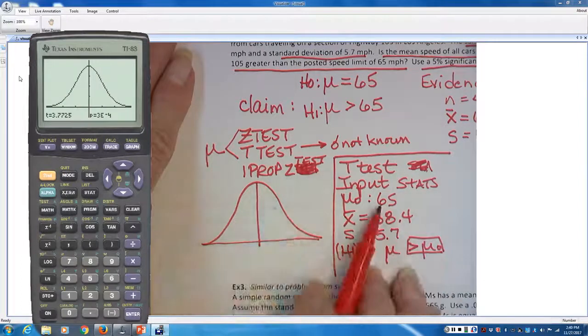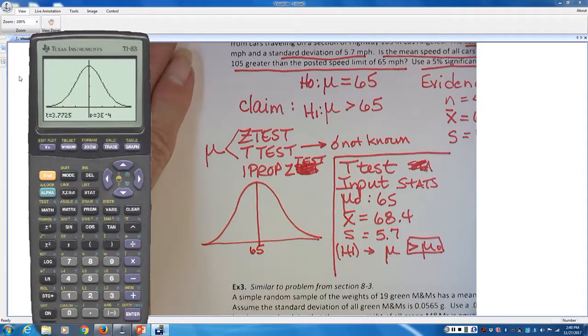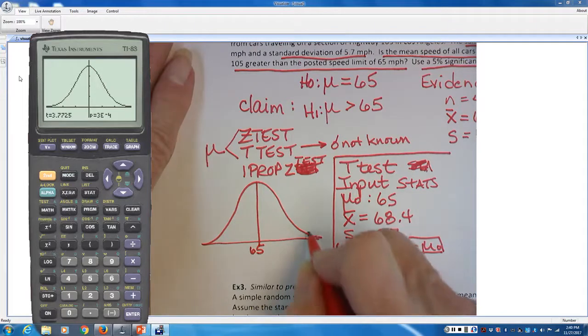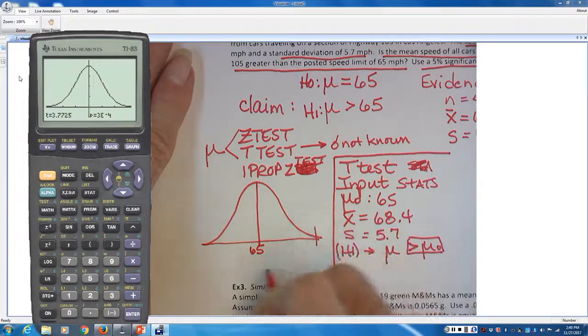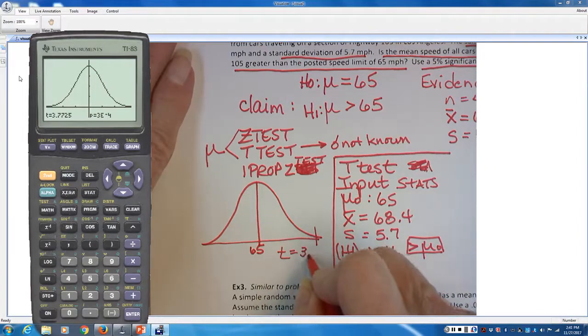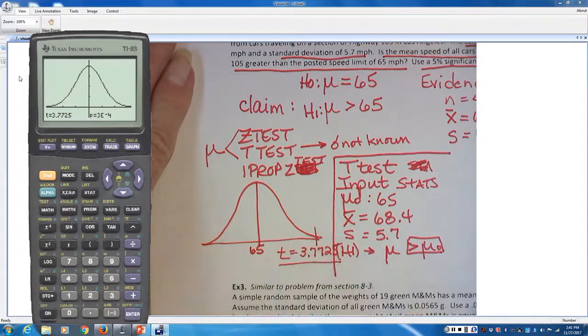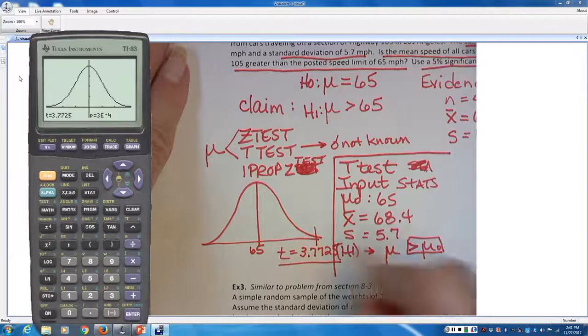Remember, this is what's actually in the middle of that curve. Your t-score is 3.7725, which tells you it's way up there. But the question is, what is that p-value?